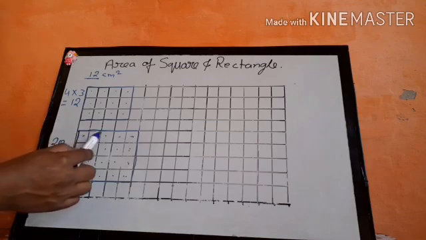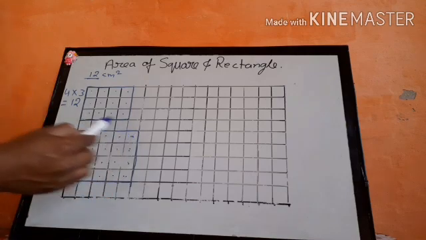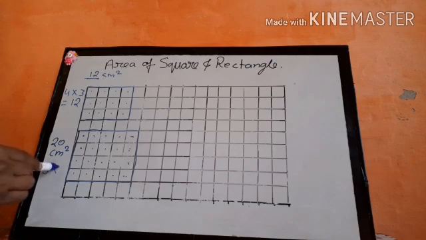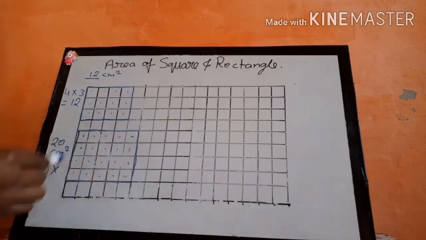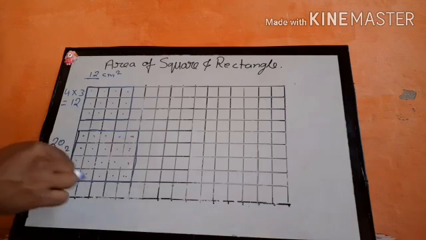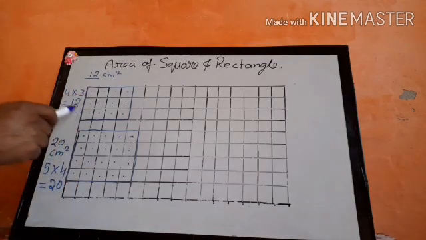Count the number of squares in length, there are 5, and the number of squares in width, in a single column, 1, 2, 3, 4. So it is 4. If we multiply them, we get 20 also. So by counting or by multiplication, you will get the area of these rectangles.